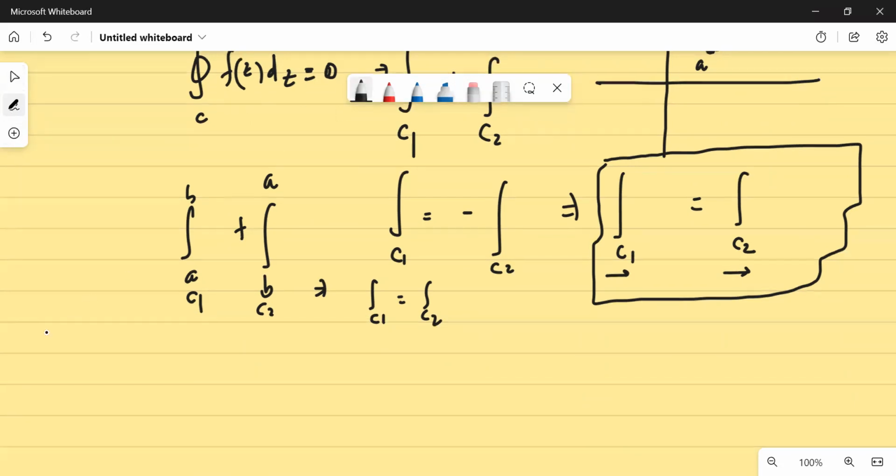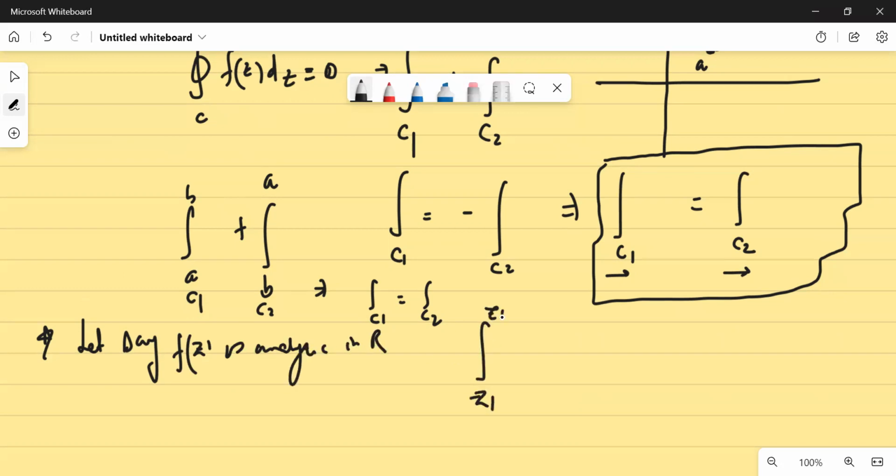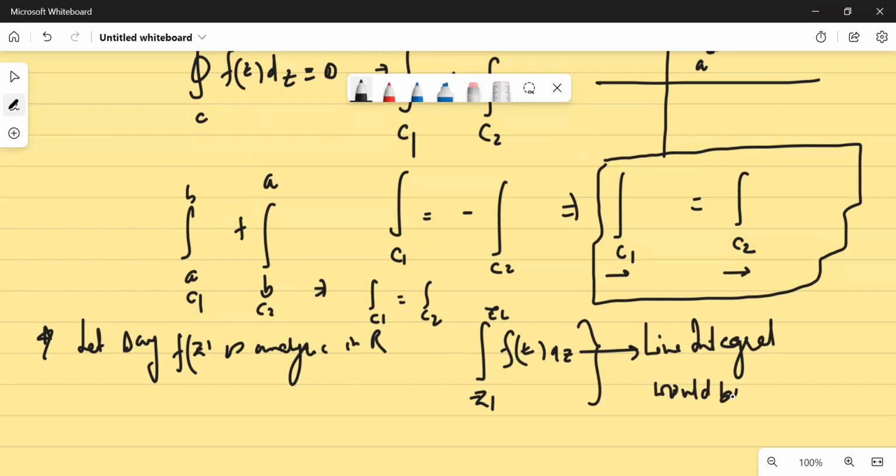So if my function is analytic in a region R, and I have to integrate from Z1 to Z2 f(z) dz, then this particular line integral would be independent of the path. This is a similar thing that you find in mechanics also.